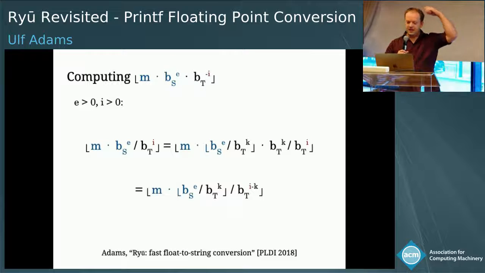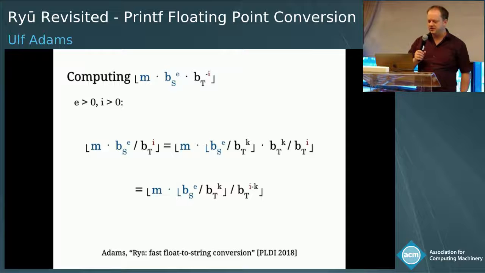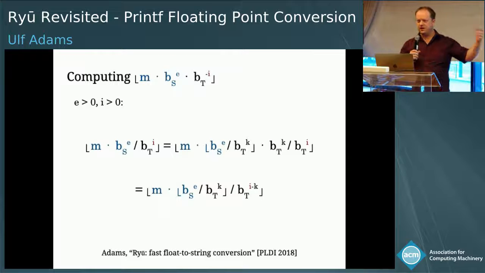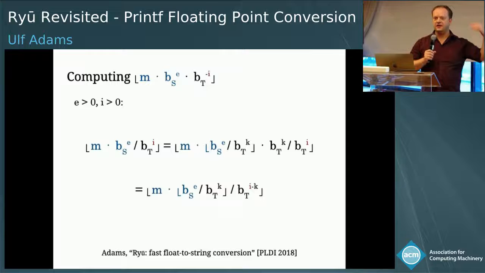And this is the idea behind Ryu, which again I published last year. And the reason why it works is that the difference between, all right, is this actually correct? No, it's not. If you take k equals 0, it's obviously correct, but we want to use a larger value for k. We want k to be as large as possible.